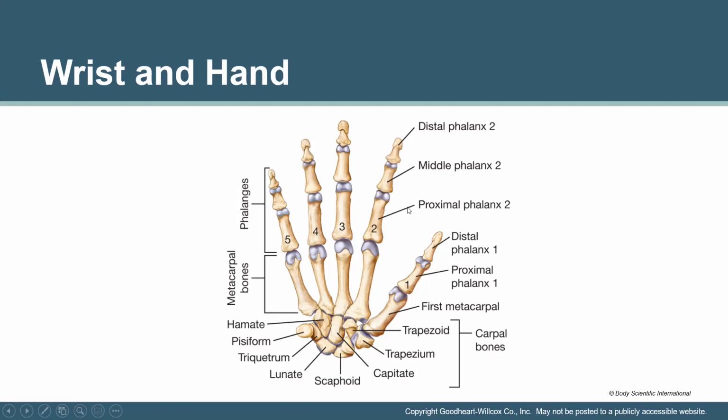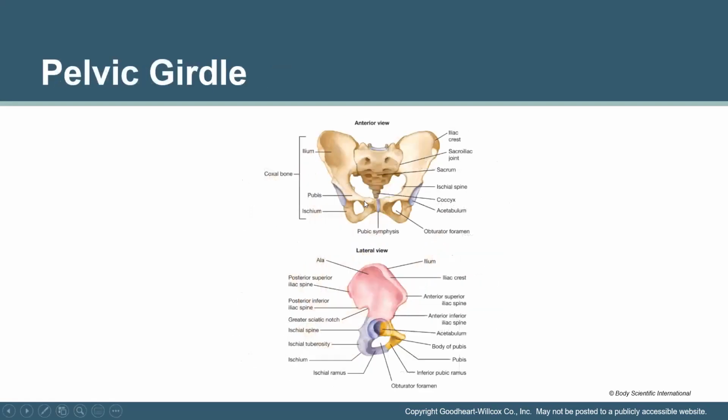Now, when we get to the foot, it's going to be the same pattern, only instead of carpals, it's tarsals. And I'll read through the tarsal bones because I don't think they're challenging to understand, but I will just read them again. I wouldn't get too hung up on that though. So now let's walk through the pelvic girdle.